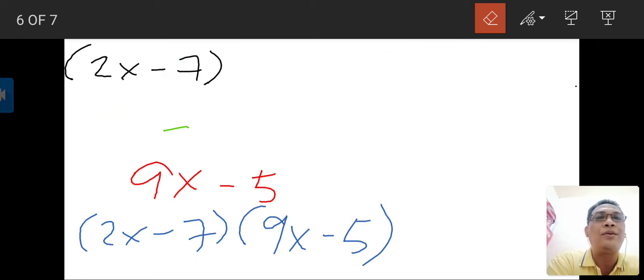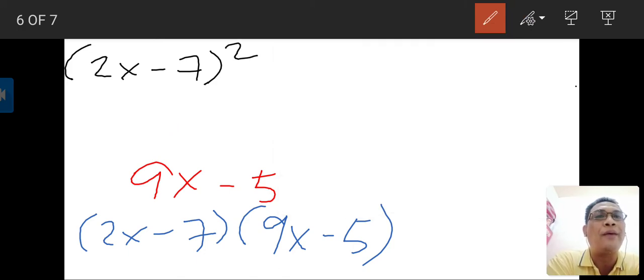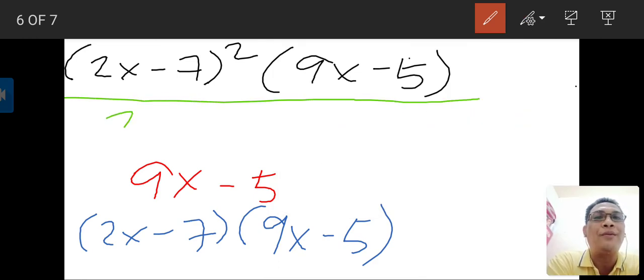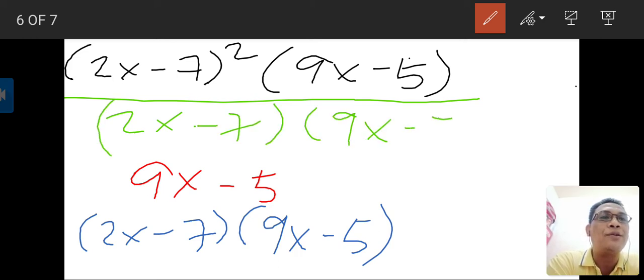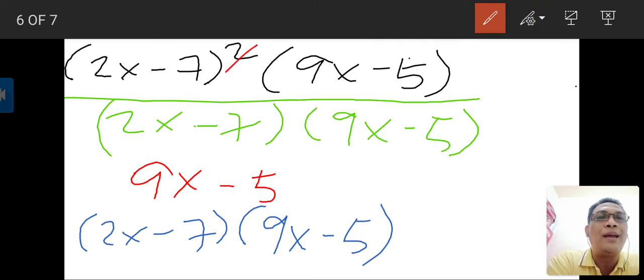Okay, let me have the second term. Here we have 2x minus 7 squared multiplied by 9x minus 5. We're going to divide that by your GCF, which is 2x minus 7 and 9x minus 5. So this will be cancelled out, and that will be cancelled out.